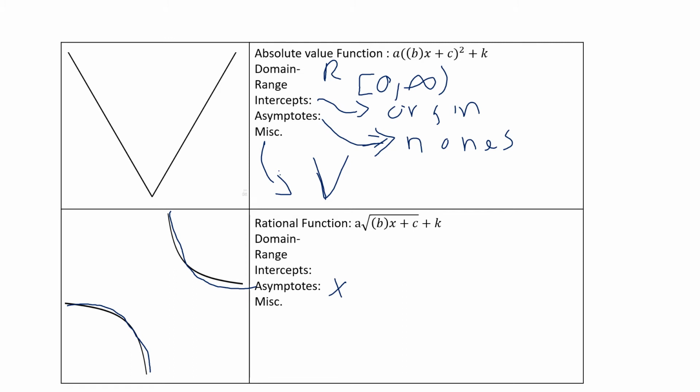When x is 0 and y is at 0. You think it's going to have any intercepts though? Why would it not have any intercepts? Well, think of the asymptotes.